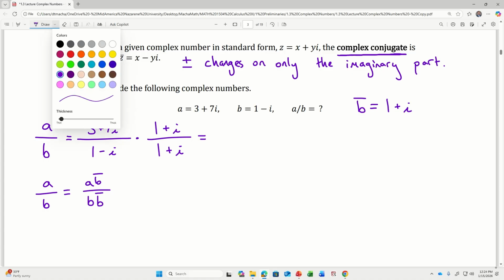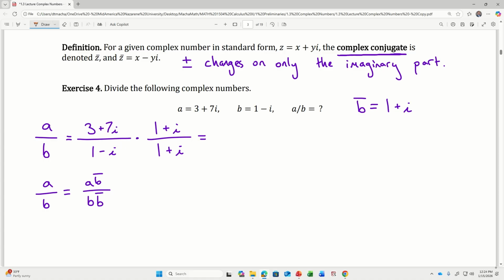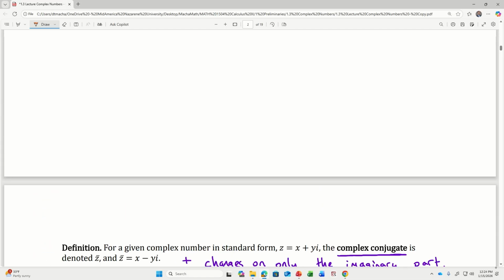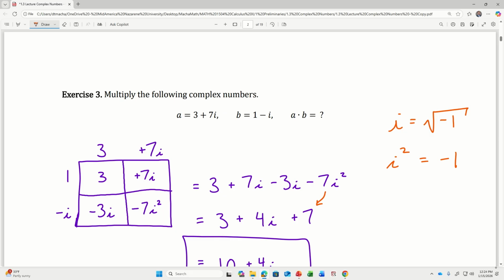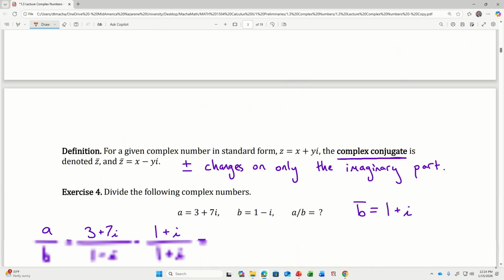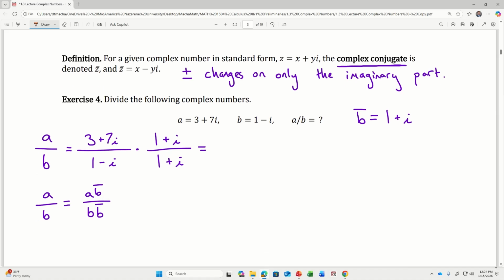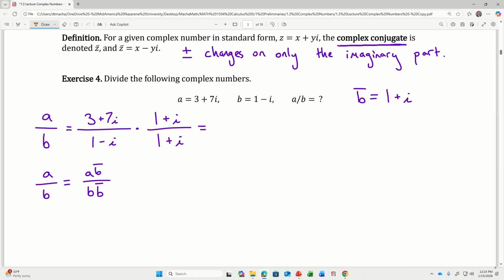So in the numerator, did we already do that problem? Let me see, what did we just multiply? We just multiplied 3 plus 7i times 1 minus i. So we haven't done this problem yet, because this is different. This is 1 plus i. So let's do the numerator first.